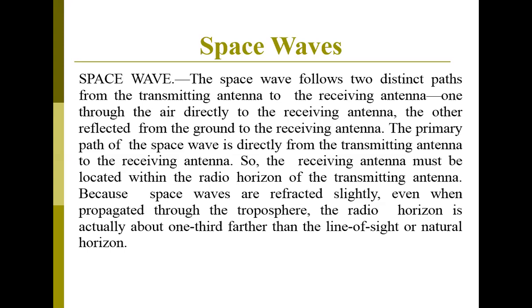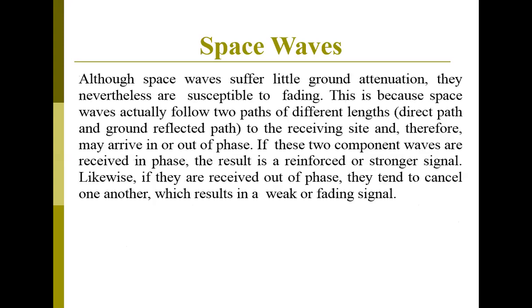Because space waves travel through the tropospheric region, our line of sight is not completely attained. There may be some attenuation, and it has been experimentally observed that only about 1/3 of the line of sight will be there.